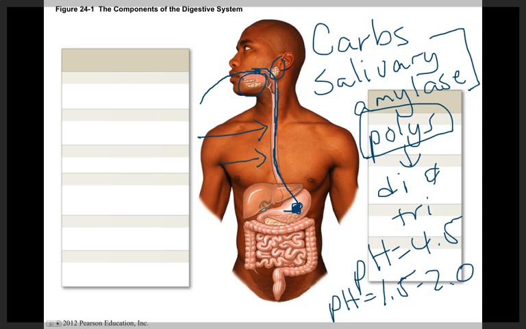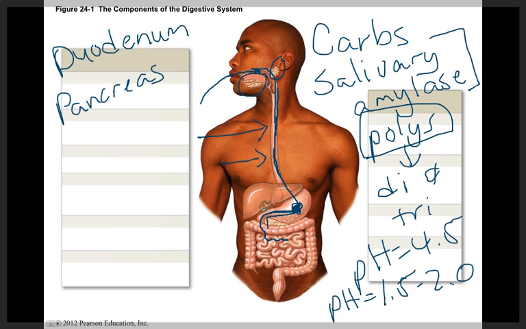But then the chyme, after the stomach churns it up and mixes it with the enzymes in the stomach, will enter into this longer tube, which is called the small intestine. The first part of the small intestine, of course, is the duodenum. And in the duodenum, there will be some secretions from other accessory organs. One of those accessory organs is called the pancreas. This pancreas, which is right here, is going to deposit some of its secretions into the small intestine, into the duodenum.